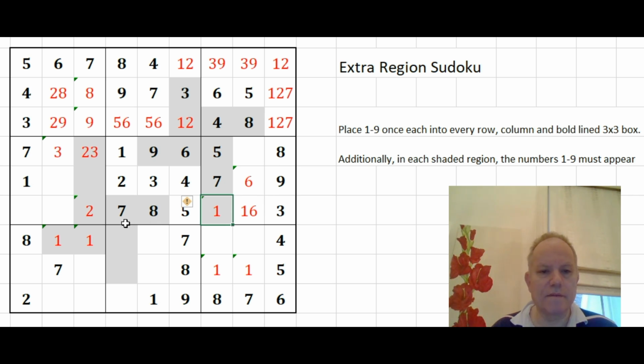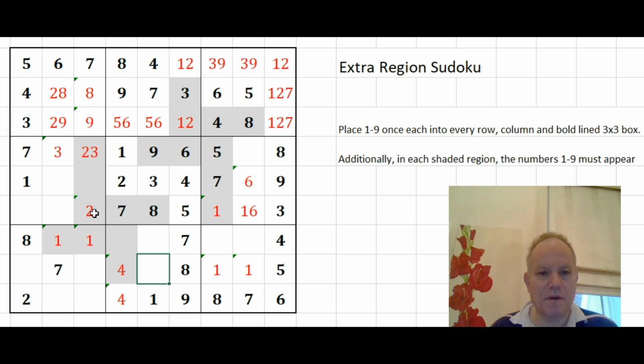7, 8, 9, 3. Let's have a look at this shaded region. 4, 7, 9, 3, 8, 1. So these have to be 2 and either 5 or 6. So 4 and 3 are in this column, but I don't know which is which, I'm afraid.